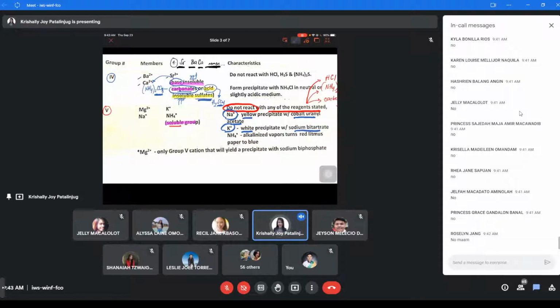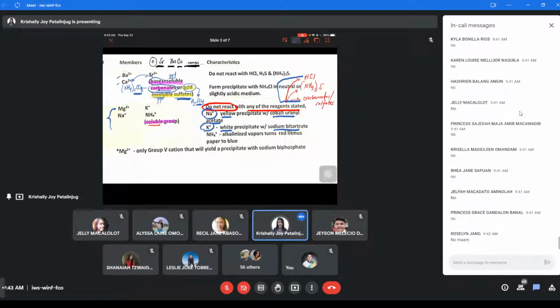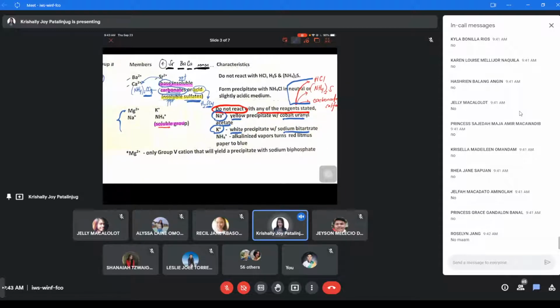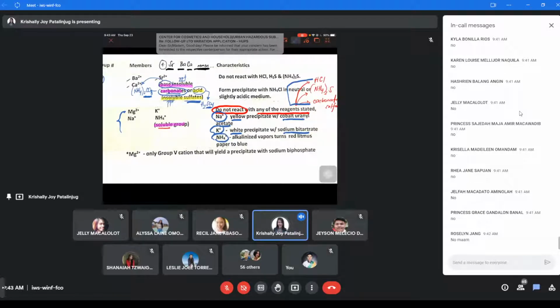They only unite in the three precipitating agents mentioned, with which they do not react. They will not form a precipitate. So they are the soluble group.